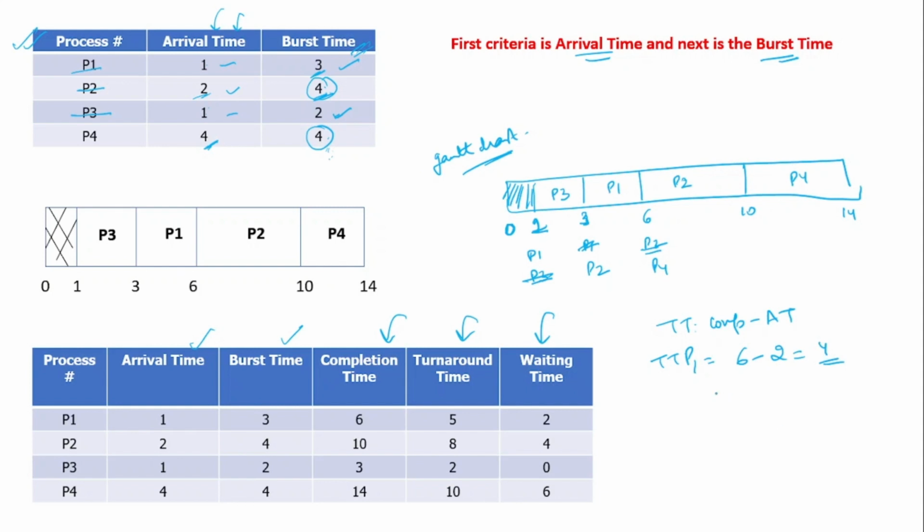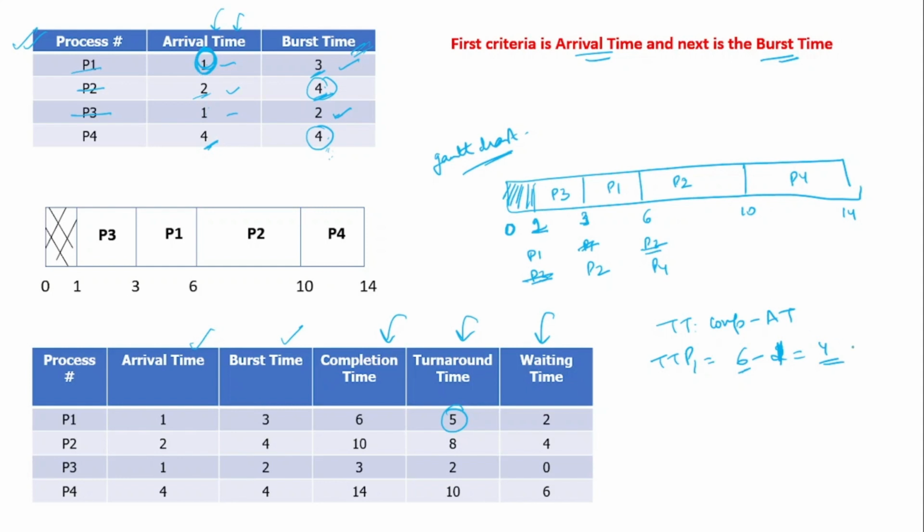So turnaround time of P1, let me check, is 5. So there is some mistake. Completion time of P1 is 6 here, and the arrival time, okay my bad, arrival time of P1 is 1, not 2.